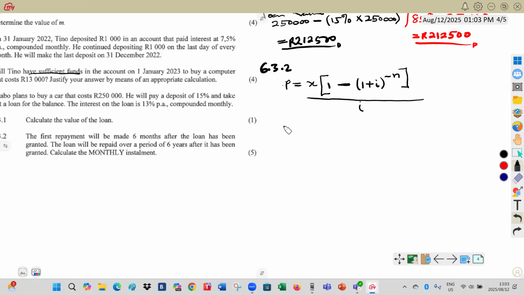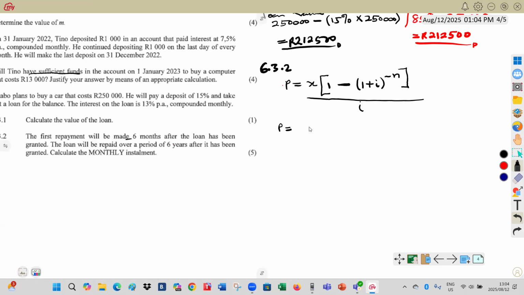So our variables, number 1, our variable P. P is normally the loan amount, but in this case, the loan was delayed to be paid. So we have to adjust this loan for the 5 months where it was not paid, because it started being paid in the 6th month, meaning to say 5 months were not paid. So our P there must be adjusted. What must be adjusted?